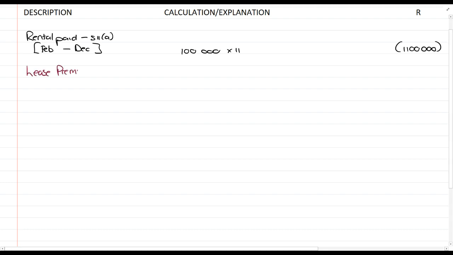So the lease premium, section 11F, this is also from February until December. 500,000, 20 years, 11 over 12 months. 22,917.